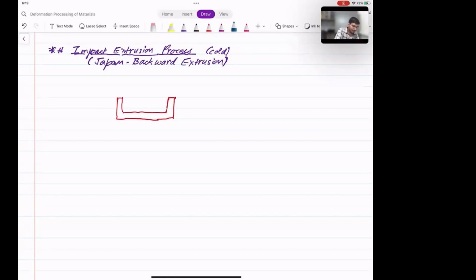So if this is my billet, there will be a punch which will press it. Say this is the punch.